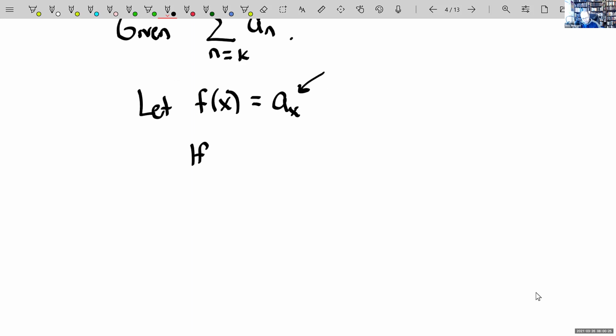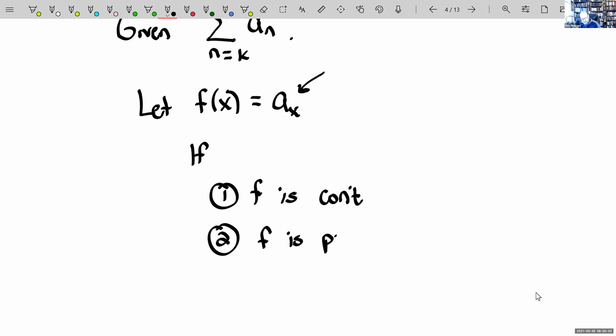If one, f is continuous, two, f is positive, and three, f is decreasing.